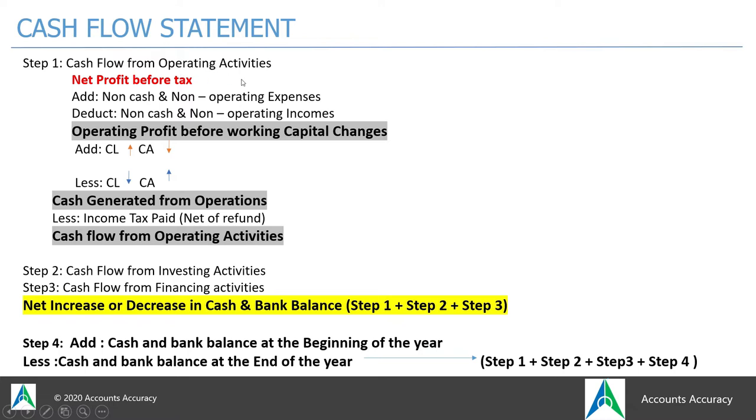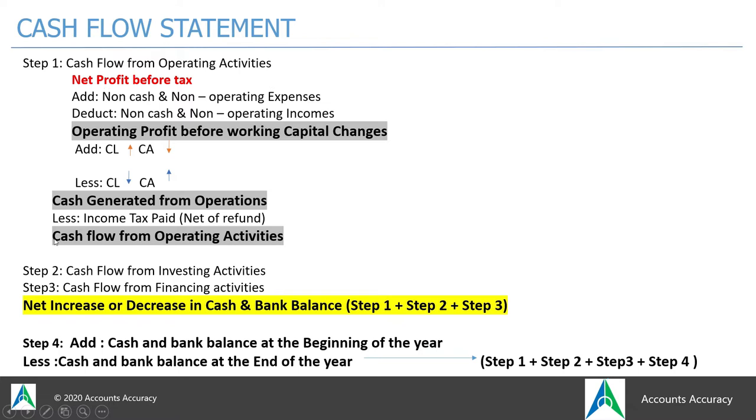Operating activities are those activities which are involved in the day-to-day activity of the company. Suppose a company is manufacturing toothpaste, then the operations done for the manufacture of toothpaste will be the operating activity of the company.